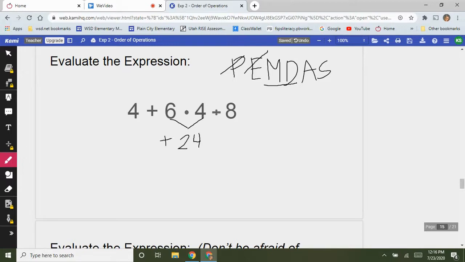Now I'm going to bring down everything I have not used. Okay, any other multiply and divide? Yep. 24 divided by 8 is 3. Bring down what I haven't used. Any other multiply and divide? Nope. Move on to add and subtract. Oh, yep, there's an add. 4 plus 3 is 7.